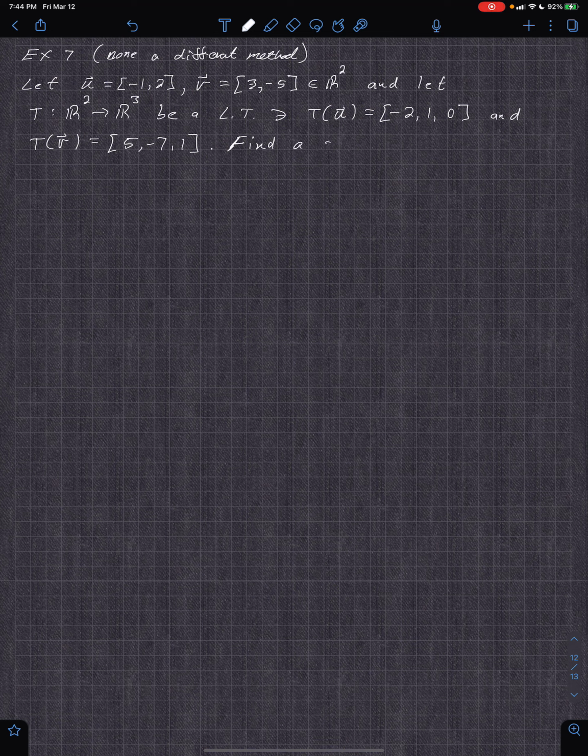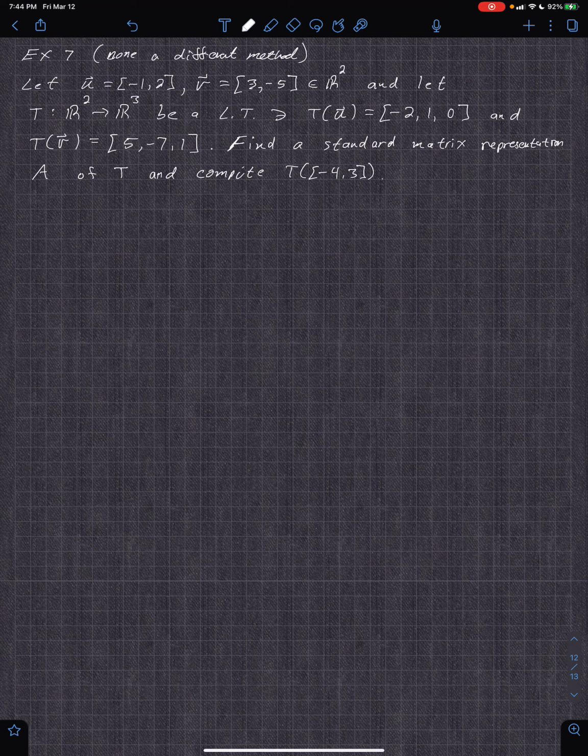So find a standard matrix representation A of T. And then once you have it, then do something with it. Then compute T of negative 4, 3.